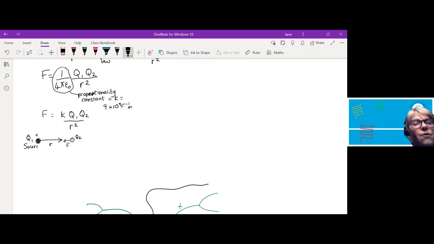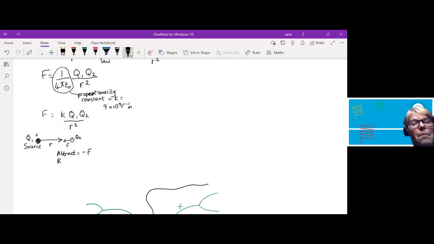So we call this the source charge Q1. Q2 here would be the test charge. And because the force is attractive, positive and negatives attract, that means that the force will be a negative force.